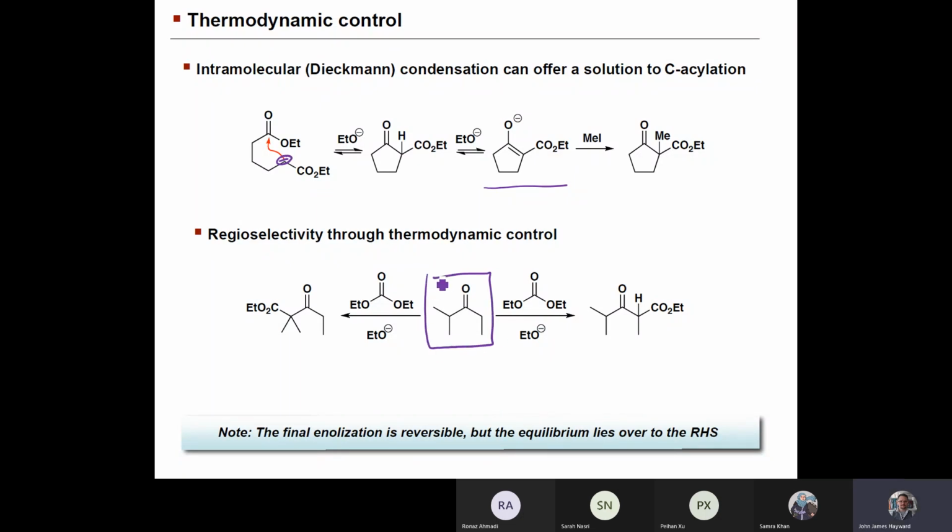So let's consider this substrate here. We've got two possible sites for enolate formation and reaction, site 1 and site 2. Now, if you deprotonate at site 1 and then react with our electrophile, which is diethyl carbonate here, then you get this product. If you react at site 2, you get this product. The question is, which one do you get? Well, the one on the right can be deprotonated.